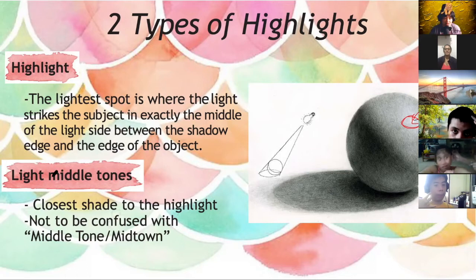And then next is the light middle tones. Light middle tones are the closest shade to the highlights. It is not to be confused with midtone or middle tone. Wrong spelling yung midtone, dapat ganyan.